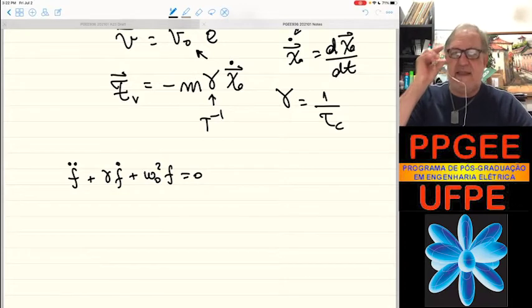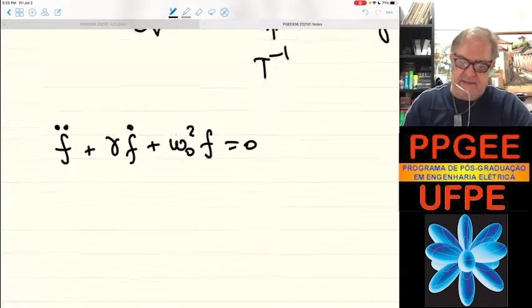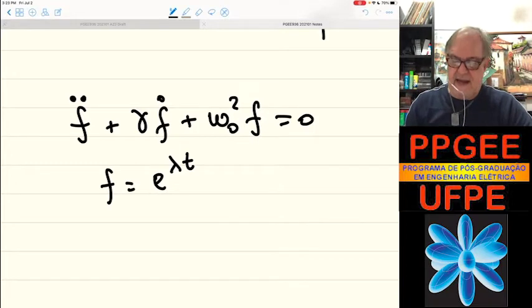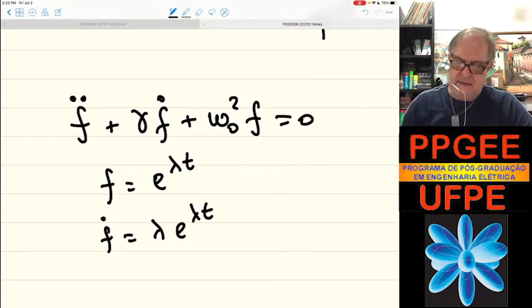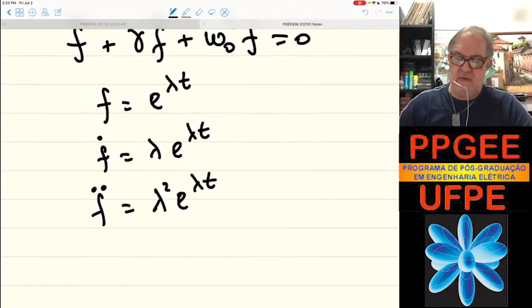We know that this type of equation has a solution of the type e to the lambda t, right? Let's try that. So f dot is lambda times the exponential, and f double dot is lambda squared times the exponential. Let's try this solution and see if it works.